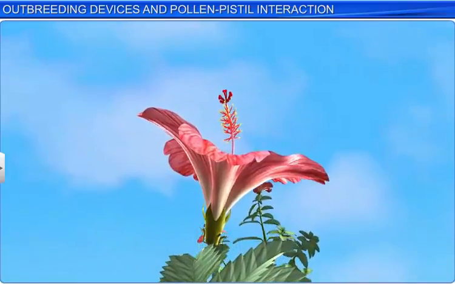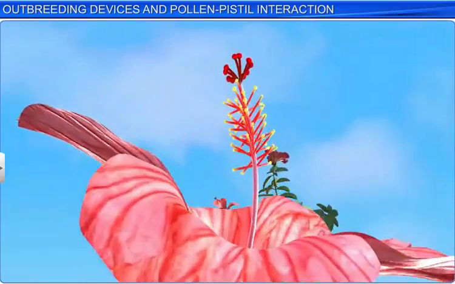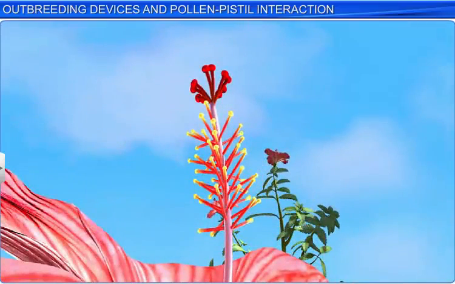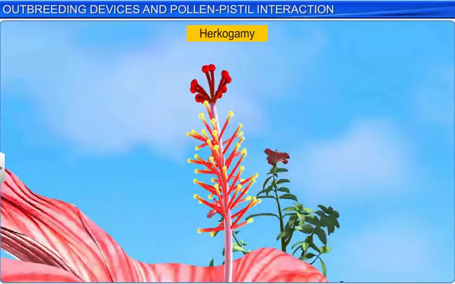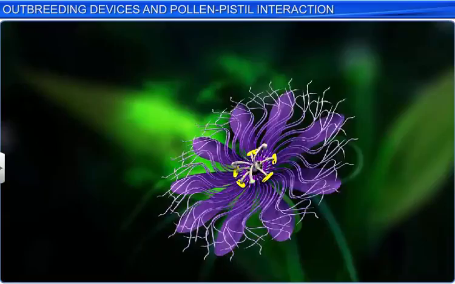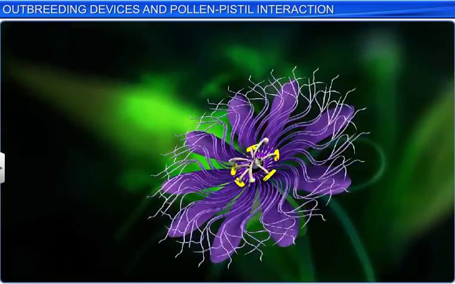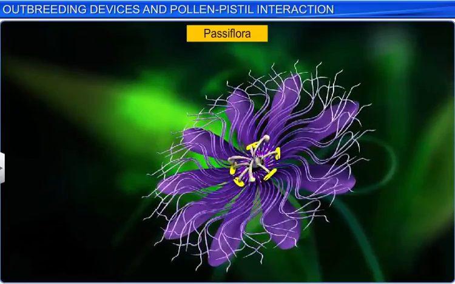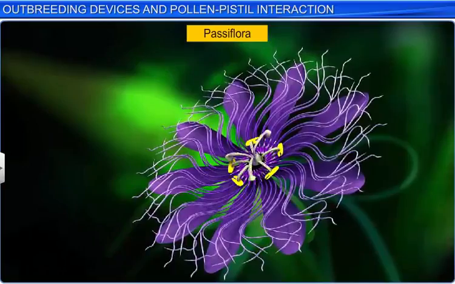In some plant species, such as hibiscus, the anther and stigma are placed at different heights, which disallows self-pollination by preventing the pollen from falling onto the stigma. This condition is called herkogamy. However, other plant species, such as Passiflora, have developed a genetic mechanism called self-incompatibility or self-sterility.